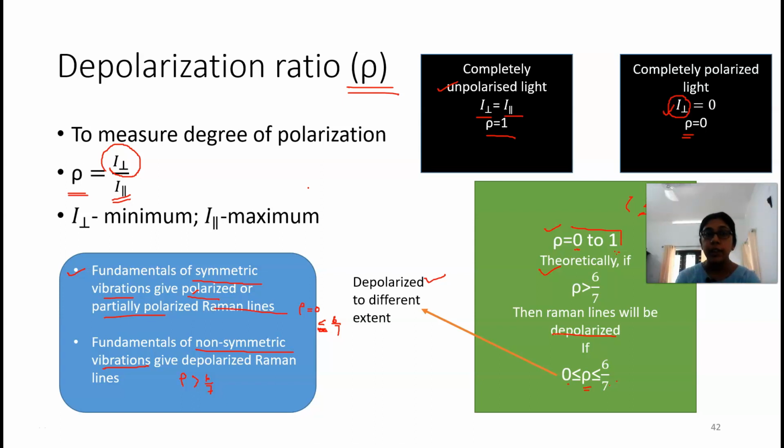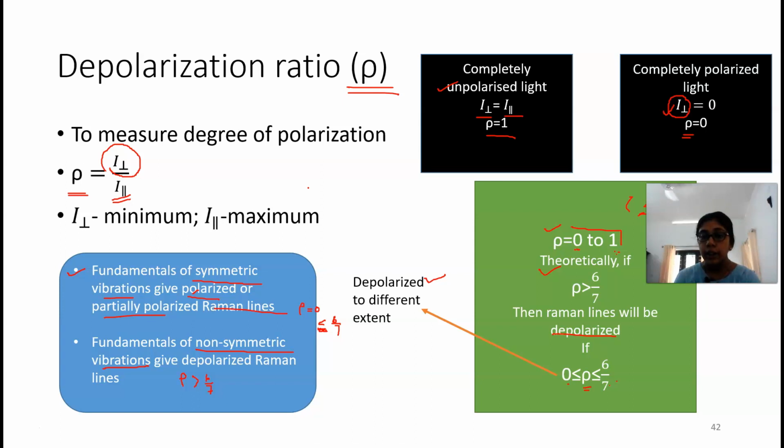Depolarization ratio gives you an idea regarding the degree of polarization of light, and it is a ratio of I perpendicular, intensity in perpendicular direction, divided by intensity when the analyzer is kept parallel to the plane of polarization. And you have two extremes, rho can be 0 to 1 according to this equation, and when rho is 0, that means it is completely polarized, and if rho is equal to 1, we say that is completely unpolarized light.